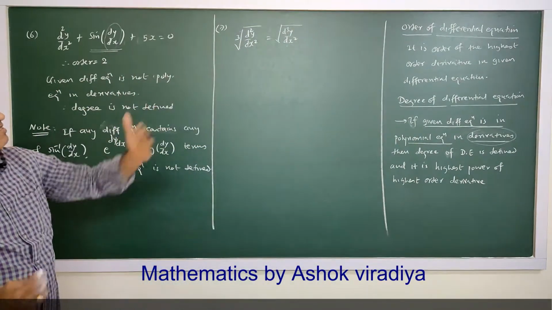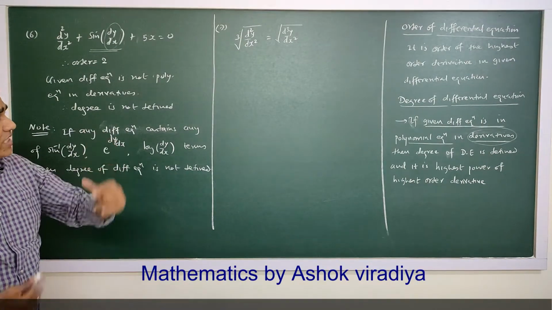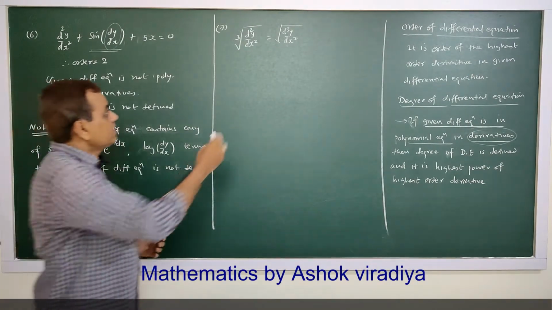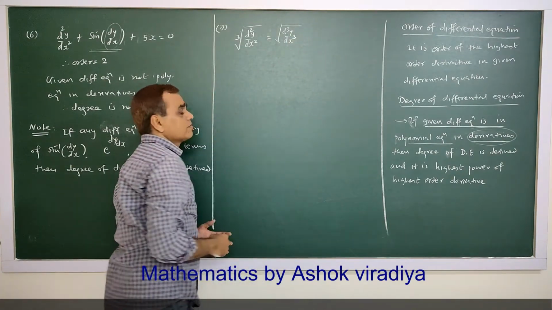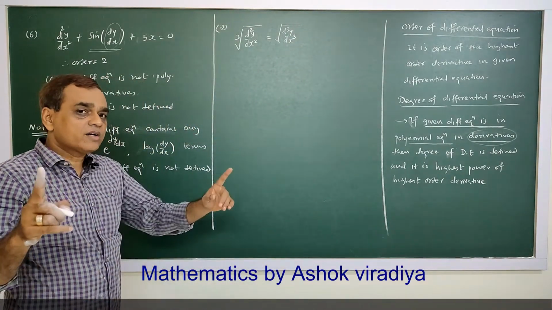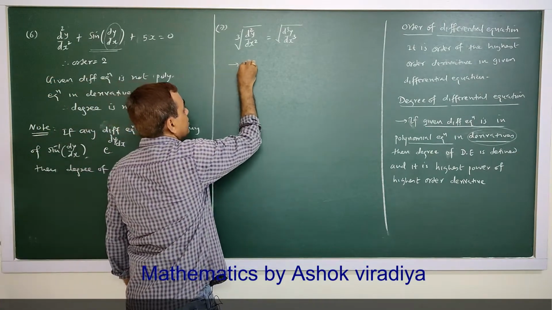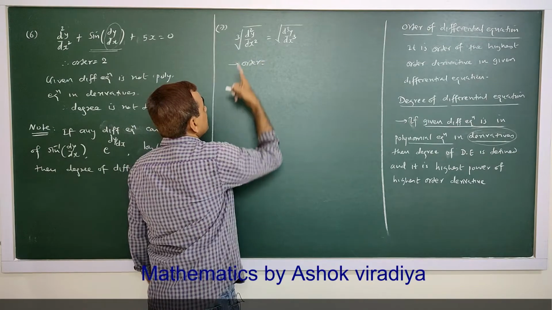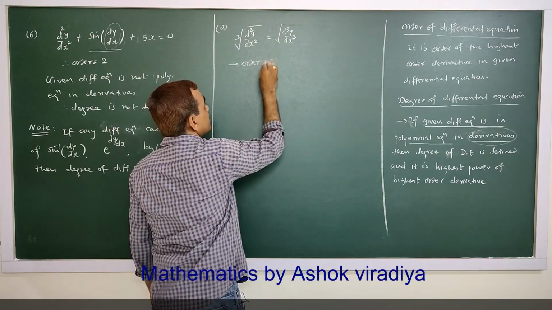This is also a differential equation. Now see in this equation, order can be written directly. So order is clear. This is a second order derivative, this is a third order derivative, so the highest order is 3.